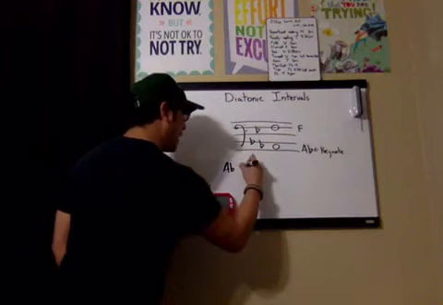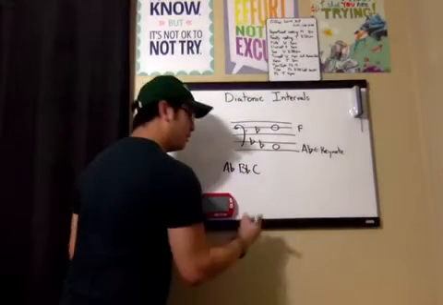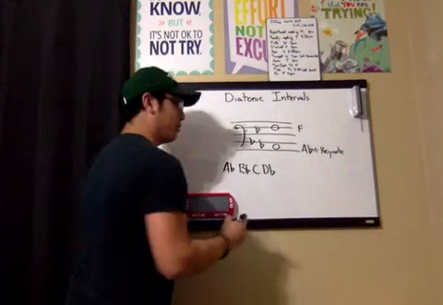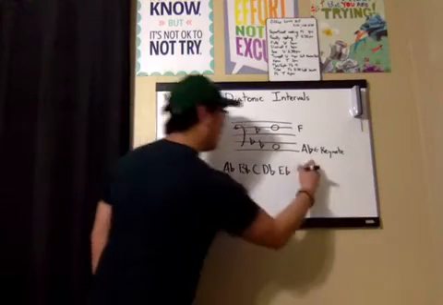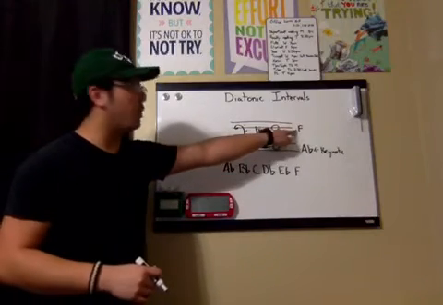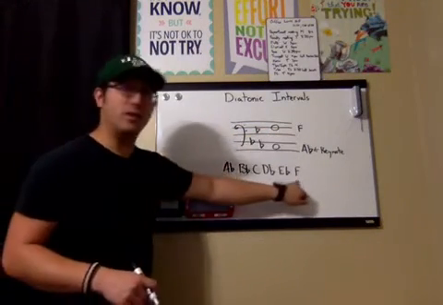Whole step above A flat, whole step above B flat, half step above C, whole step above D flat, whole step above E flat. And because we've already gotten to the note we're trying to identify, we don't need to go any further.